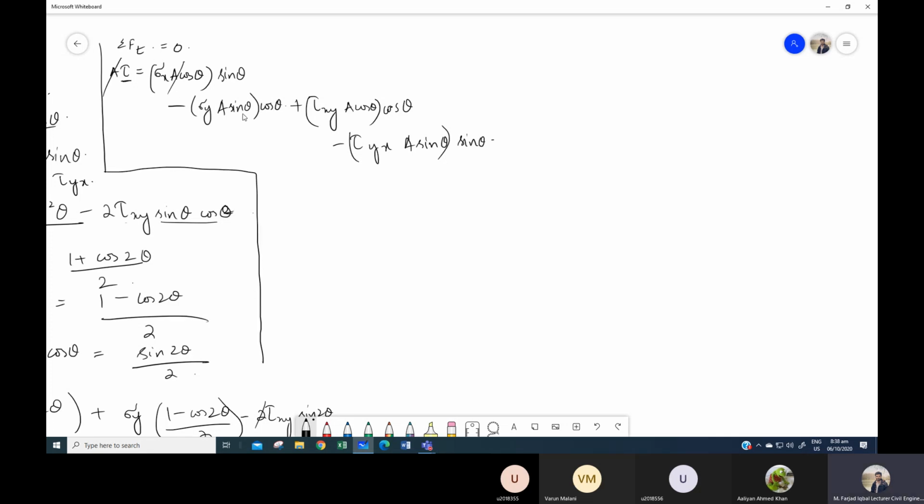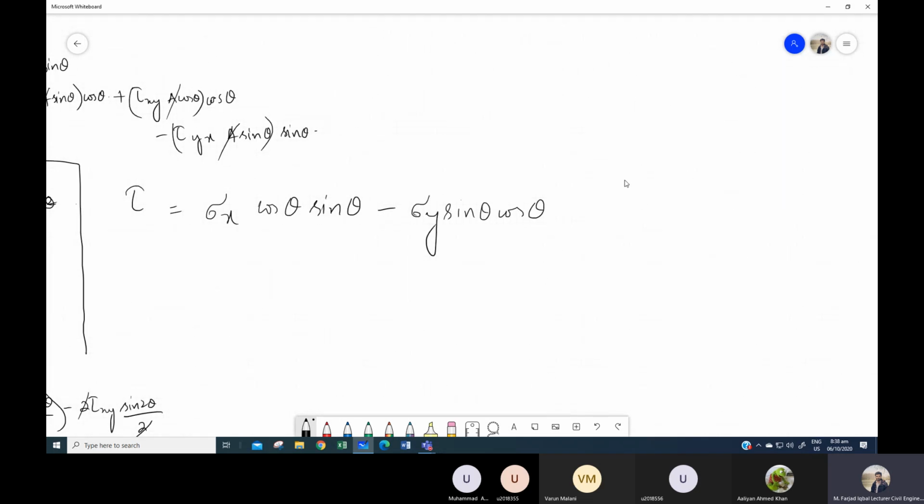So this area would again cancel out, and we will be left with tau is equal to sigma x cos theta into sine theta minus sigma y sine theta cos theta plus tau xy cos theta, cos square theta minus tau xy sine square theta, right?